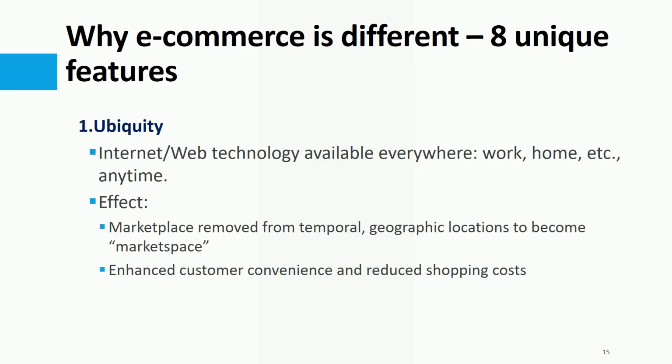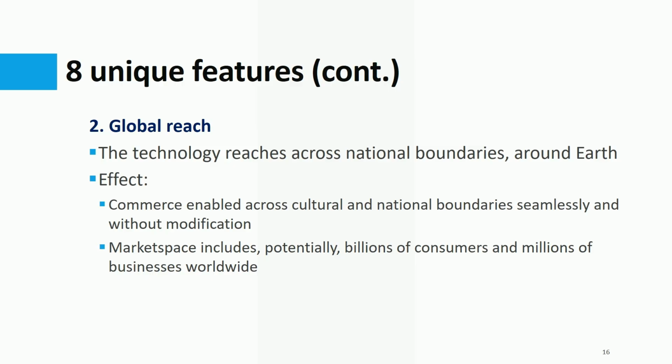The next unique feature of e-commerce is called global reach. E-commerce lets businesses sell things to people all around the world, crossing cultural and national borders easily. This means e-commerce sellers can reach a huge market of about 4 billion people, which is roughly the number of people online.